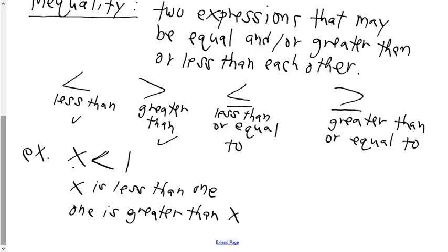This is one way to say it. This is another way to say it. Since I said the word 1 and the symbol is eating what I said, I would then say is greater than x. I could actually read that sentence two ways depending on which direction I read it. If I read it left to right, it's x is less than 1. If I read it right to left, I can read it 1 is greater than the number.